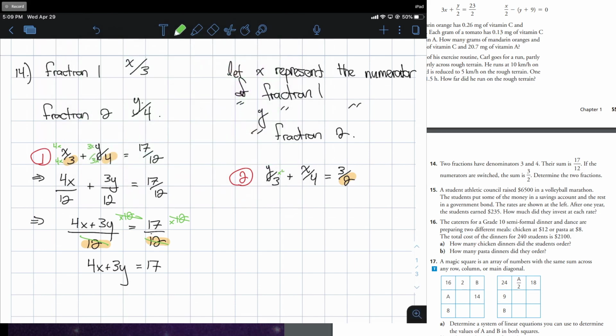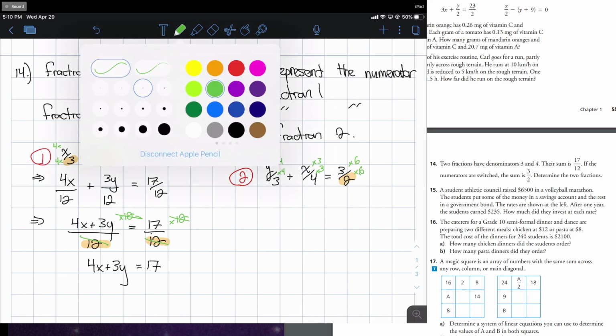So I'm going to still multiply the first equation by 4 over 4, and the second equation by 3 over 3. But then the fraction 3 over 2 on the right-hand side of the equation, in order to have every fraction have a denominator of 12, I'll multiply this by 6 over 6. And that'll help me out there.